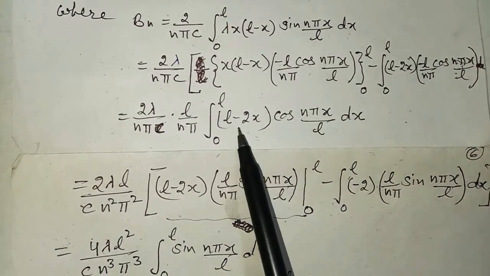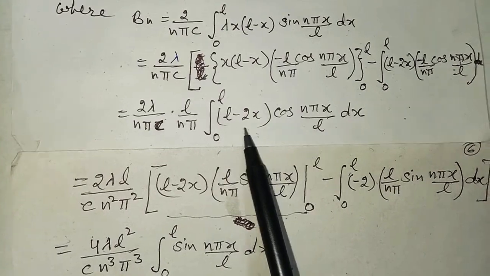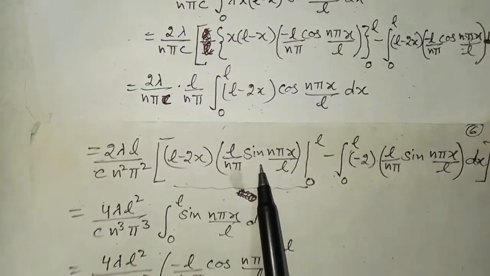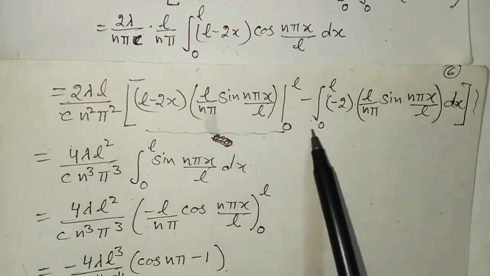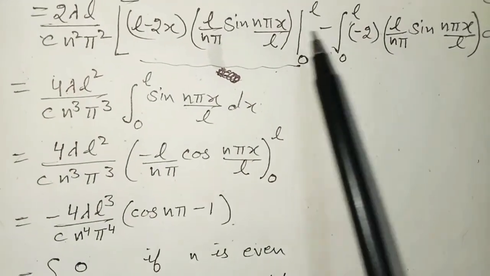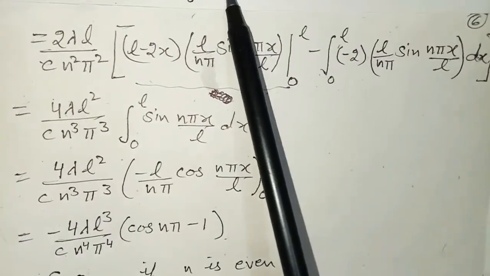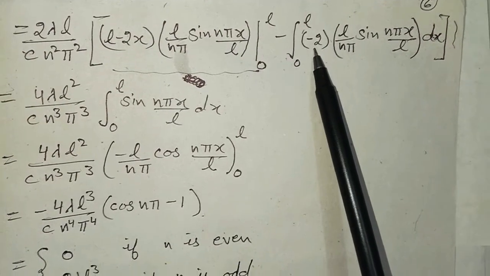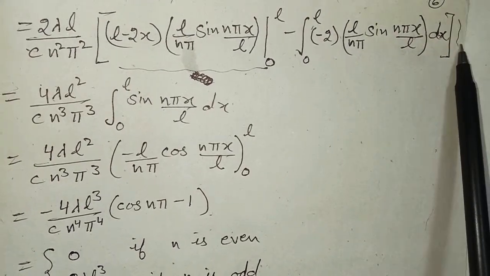Now again we integrate this by parts. This is the first function, this is the second function. First function into integration of second function, minus integration of derivative of first function into integration of second function.